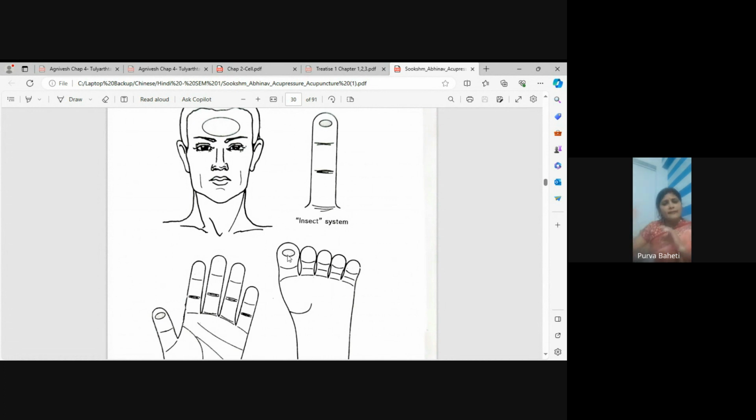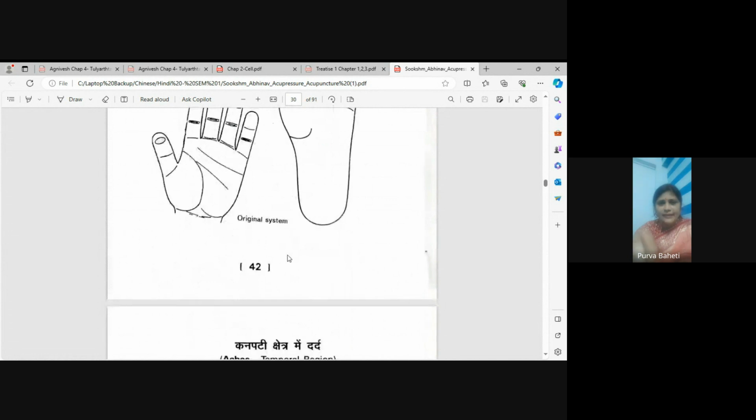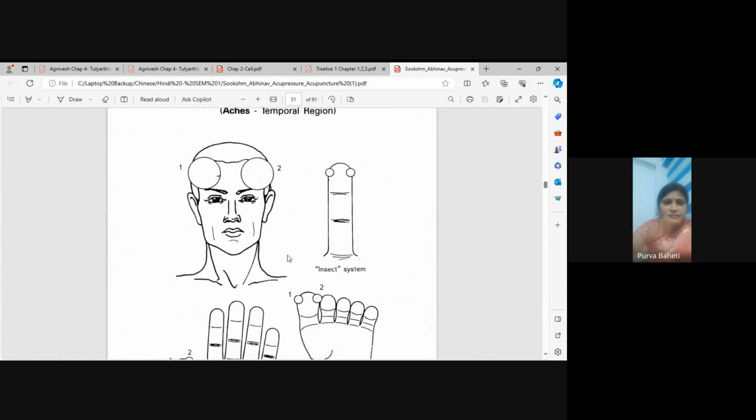It gives a better result in the foot because it's towards the primary and secondary. If you are treating on the right side, it will give a better result than the left side. In the same way, below the diaphragm, legs are near, so it will give a better effect for below the diaphragm, and above the diaphragm, try your hands. That's also a principle. Now let's see the previous slide.